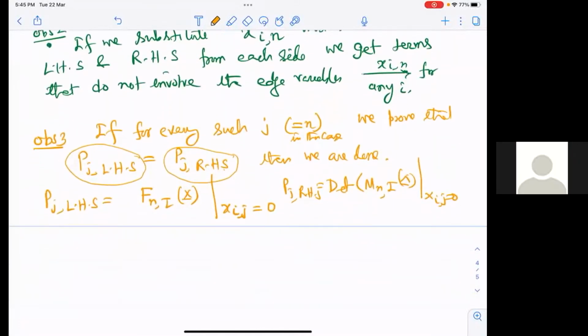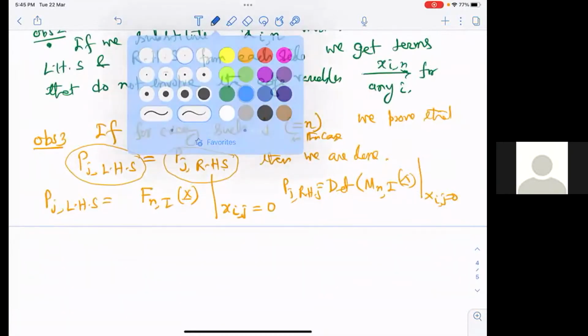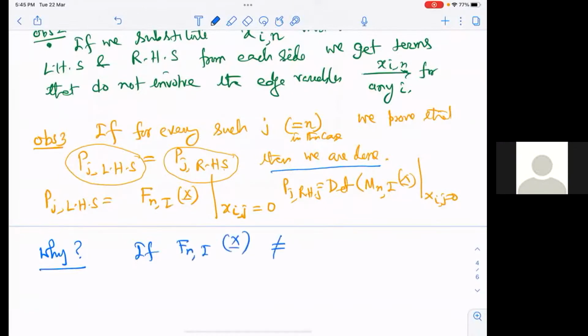So let me just write a couple of lines, then it will be more clear. So the claim is that then we are done, right? And the answer that you are trying to justify, why? So when you say that this polynomial f n i x is not the same as the determinant of m n i x, how can the two polynomials not be the same?